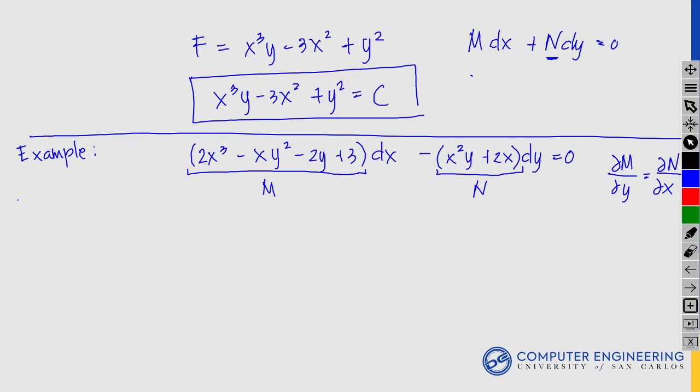Let's do this step by step. So the partial derivative of M with respect to y, where M equals 2x cubed minus x y squared minus 2y plus 3. So we should differentiate this with respect to y.